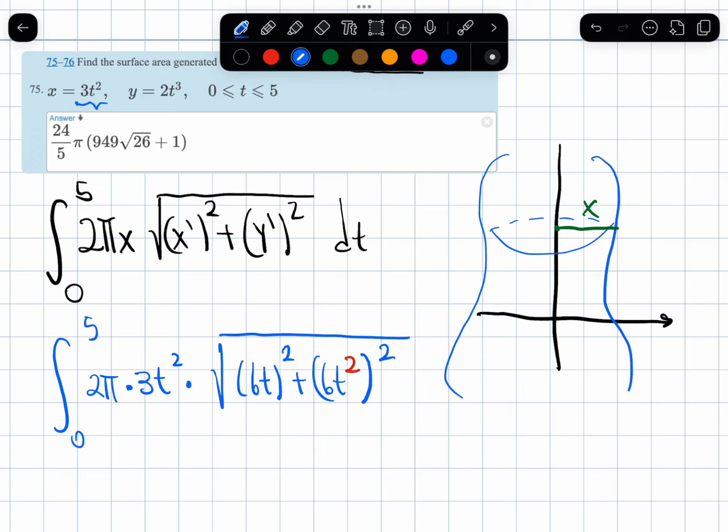Squared now, because y prime squared, dt. And then you follow similar procedures to the ones before. Setting up is the new stuff that we're talking about now. Solving the integral is something that you've learned in a previous calculus class. So I hope this made sense, and I hope you were able to understand the whole process.